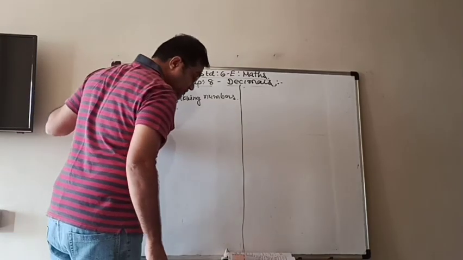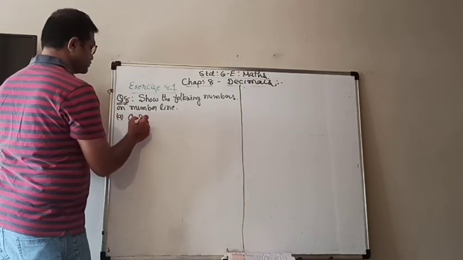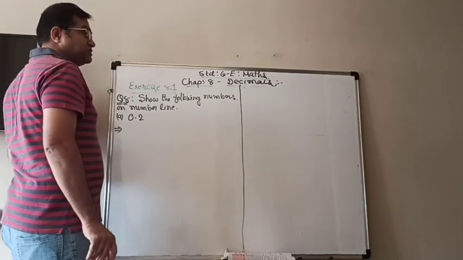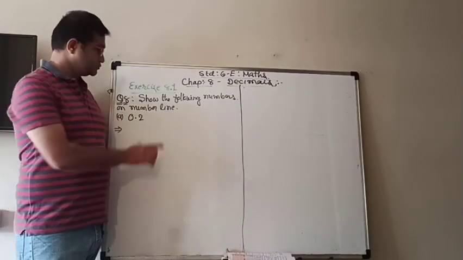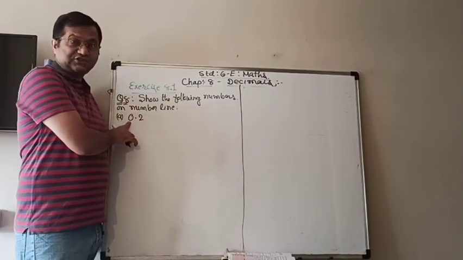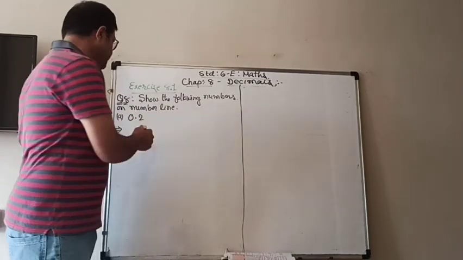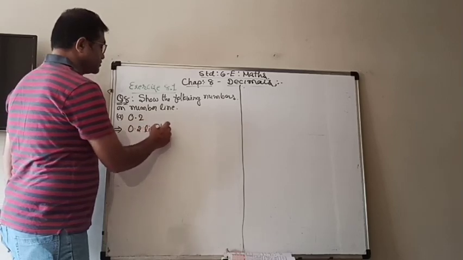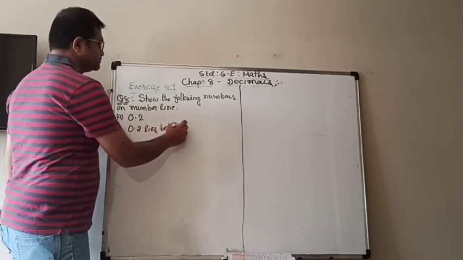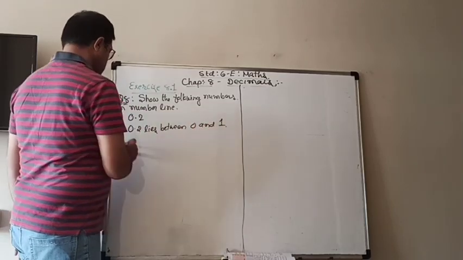The first number is 0.2. First of all, check between which two whole numbers it will lie. So here the whole part is 0. So it will lie between 0 and 1. 0.2 lies between 0 and 1.